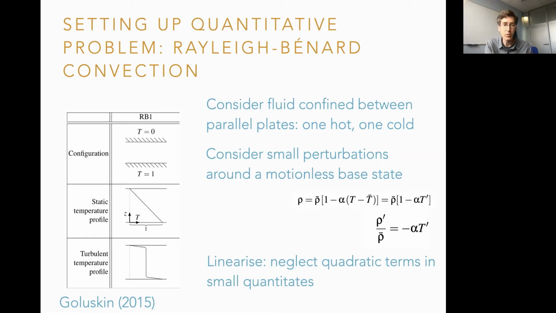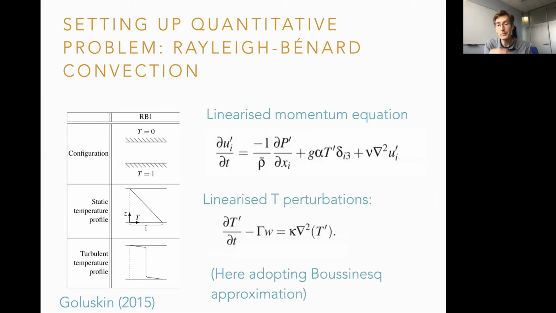By linearized, just to remind you, you've seen lots of examples of this already in Michel's lectures, we just neglect quadratic terms in small quantities, because we're looking at the amplitude of things right as they're getting going. So the amplitude of the motion is small. The linearized momentum equation looks something like this, and the equation for the linearized temperature perturbations looks something like that.